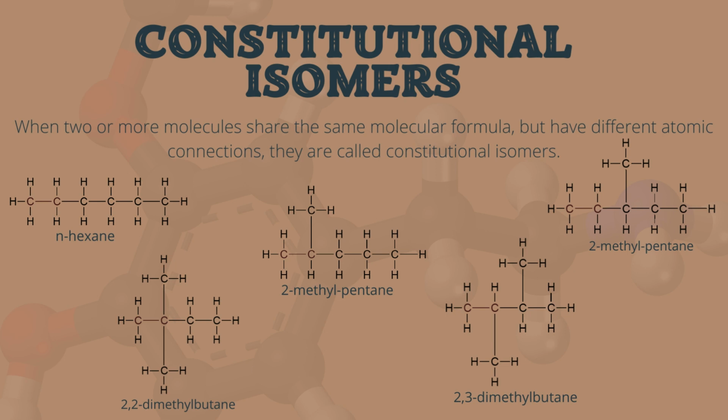For instance, we have 2-methyl pentane. Now, that 2 there represents that the branch, or rather, because here it's the only branch, it's found on the second carbon atom, right? Then, now this branch on its own, because there's only one carbon there, so it's a methyl, right?